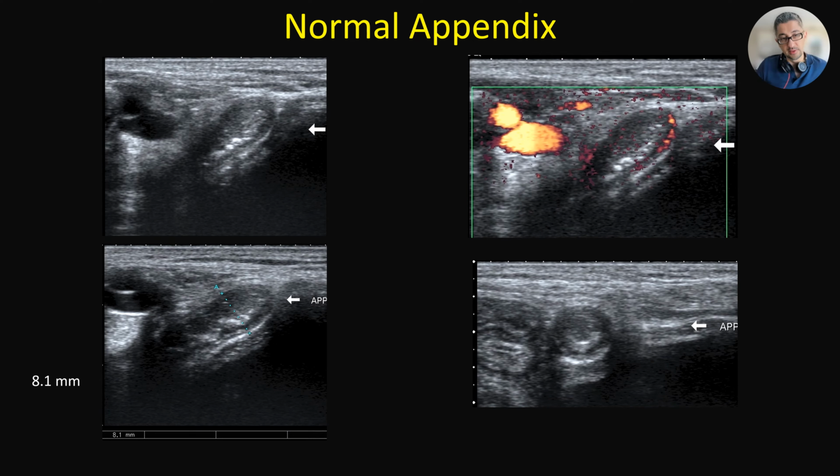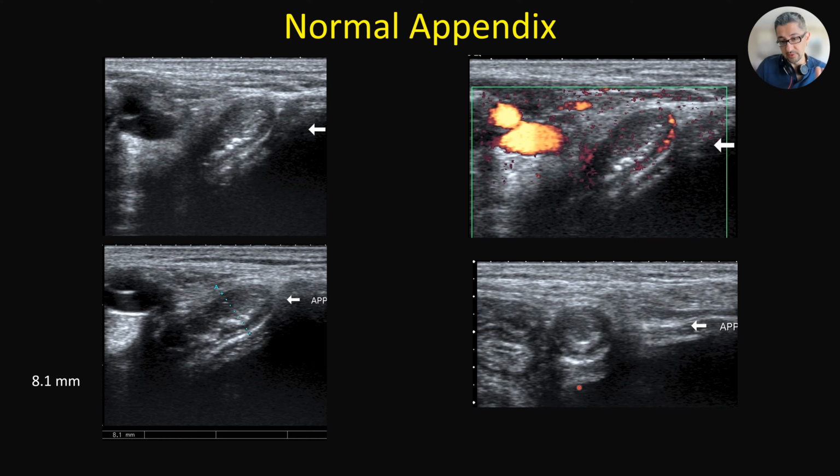Here is another example of a normal appendix, but this one is very distended, measuring up to 8.1 millimeter. It is filled with content, but if you look at it, there is no lymphoid hyperplasia. There is no thickening of the inner layer. And there are two layers. They are both very thin. There is some vascularity in the wall, but most of this is artifactual, so I wouldn't call this hyperemia.